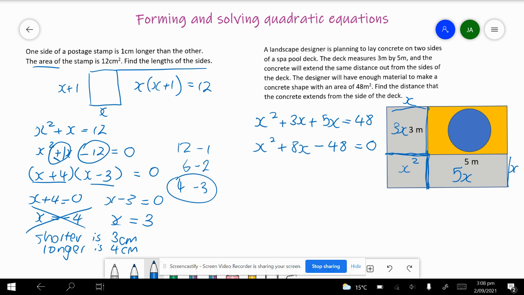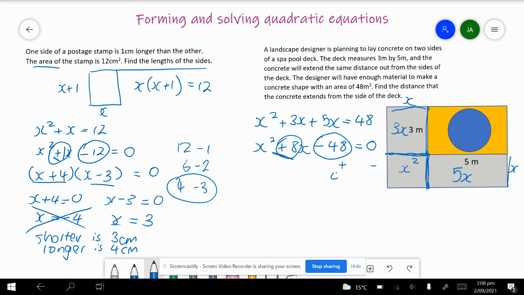Right, let's solve this. We need two numbers that multiply to get negative 48 and add together to get plus 8. So let's look at negative 48. We know that we've got a positive and a negative because a positive times a negative equals negative 48. We also know that the positive has to be bigger than the negative because of this plus 8.